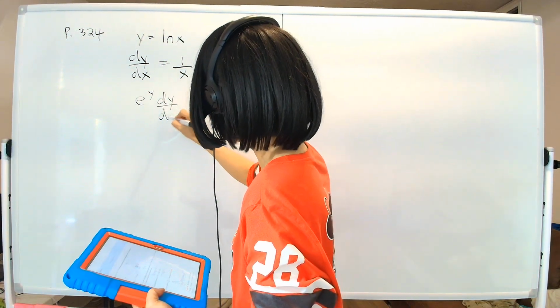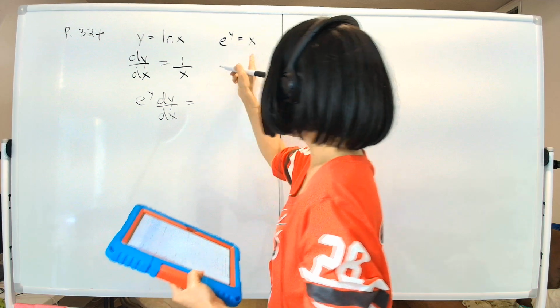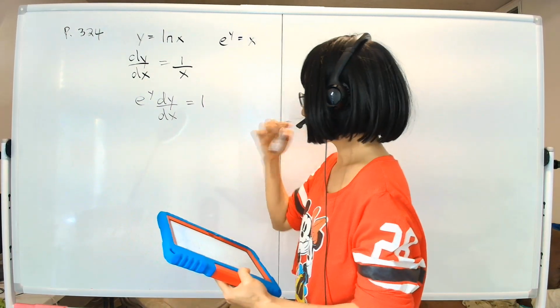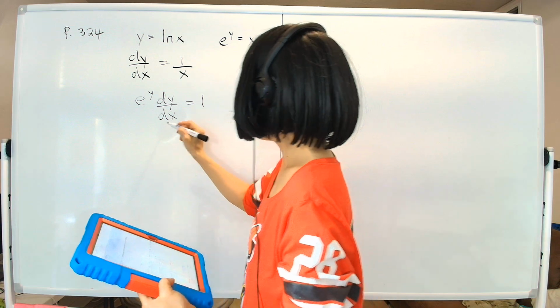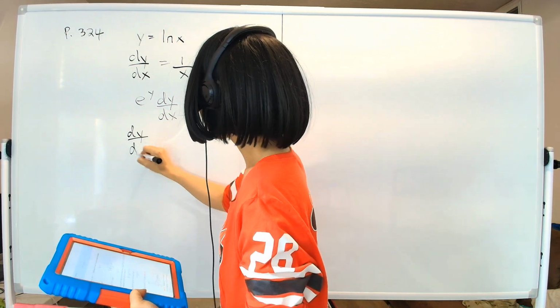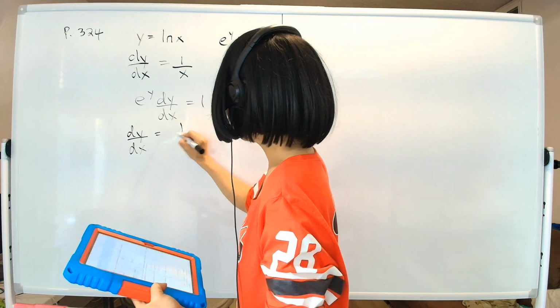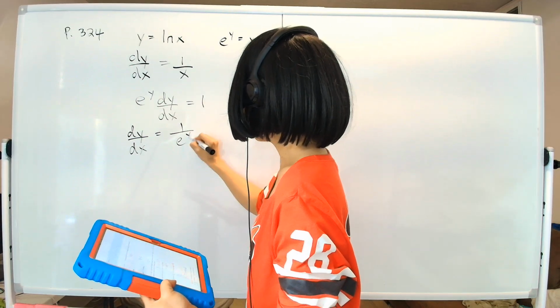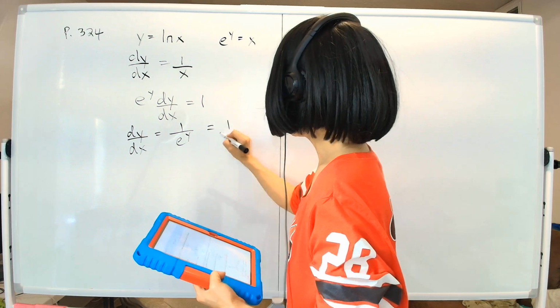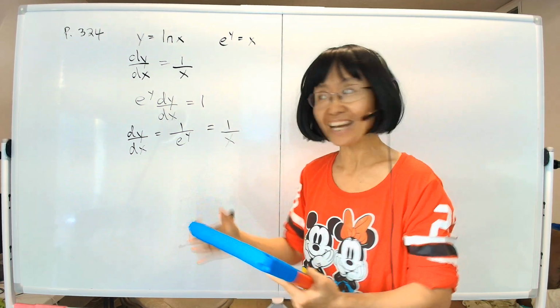This is the chain rule. And then the derivative of x is just 1. All right. So dy/dx equals 1 over e to the power y. And what is e to the power y? It's just x. So it's 1 over x. Proof done. Now, isn't that neat?